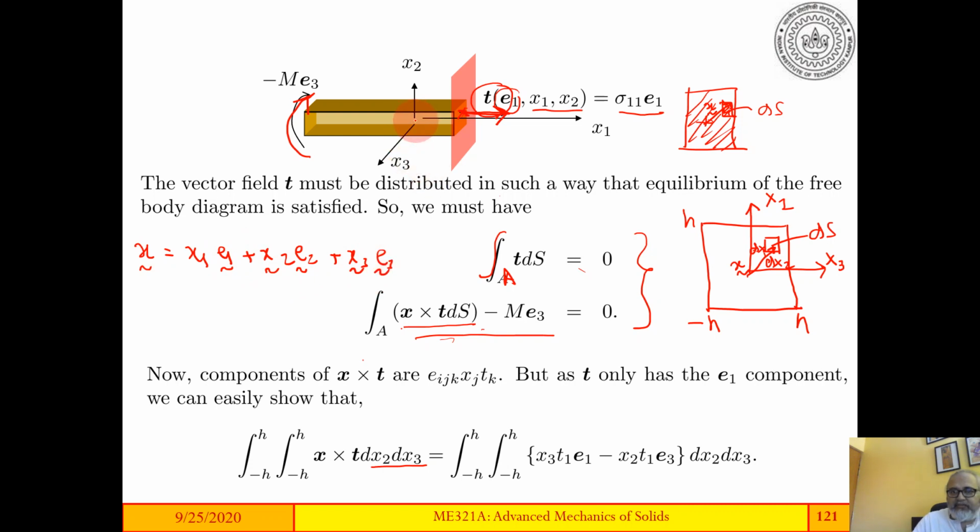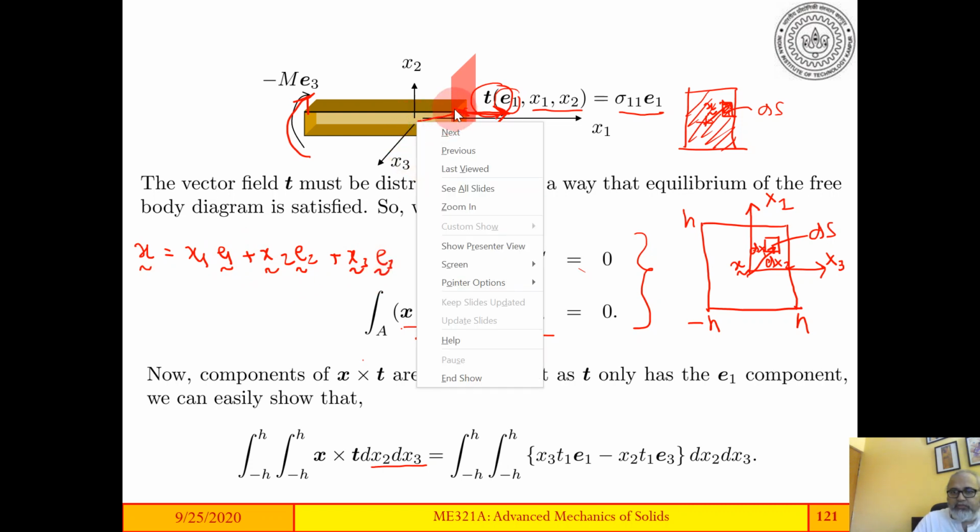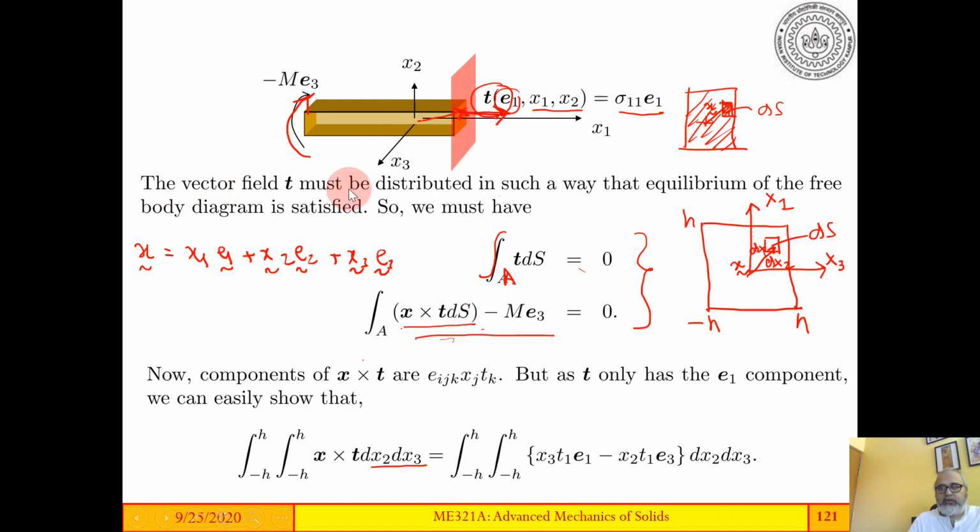So x is the vector from here to this point. So this is your x. So the projection of that x is this. So it is x1 e1 plus x2 e2 plus x3 e3.